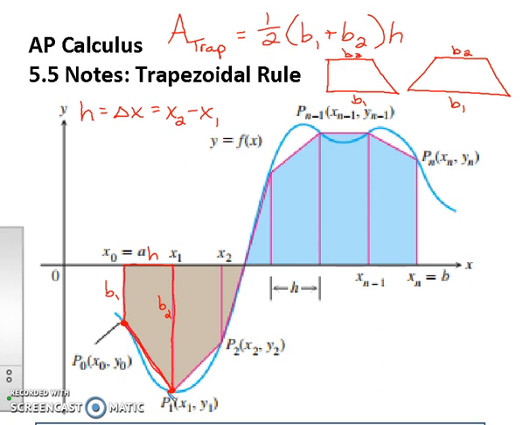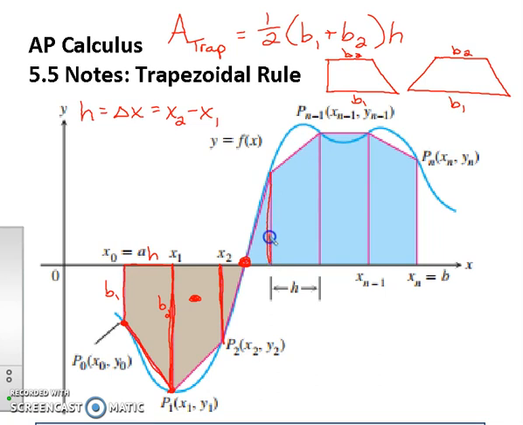Now, when you move to the second trapezoid, though, look what happens. This length that was base 2 in the first trapezoid is now base 1 in the next one, and here's base 2. Now this one gets a little funky because it switches between below the x-axis and above the x-axis, but this would be a base length in both this trapezoid and in this second interval here, even though it's a weird interval.